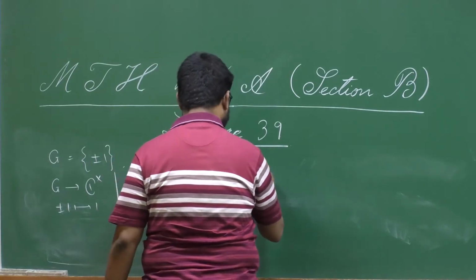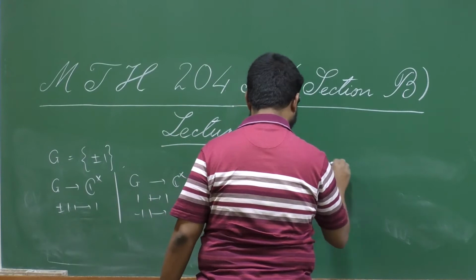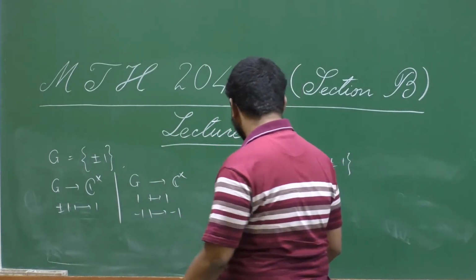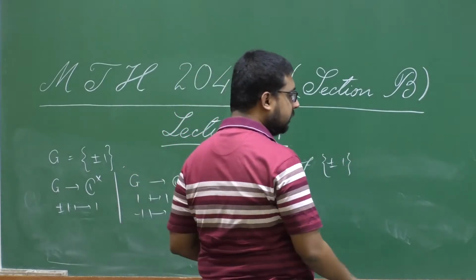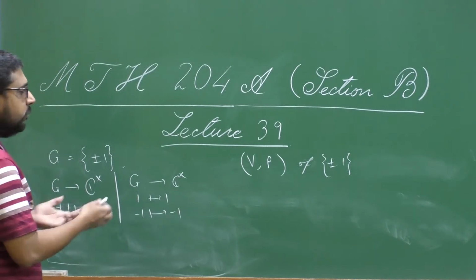Then given any finite dimensional representation of this group, what are the P_i's in this case? Why do we look for examples?